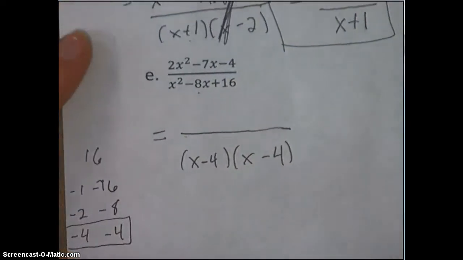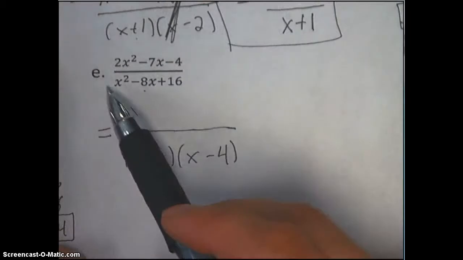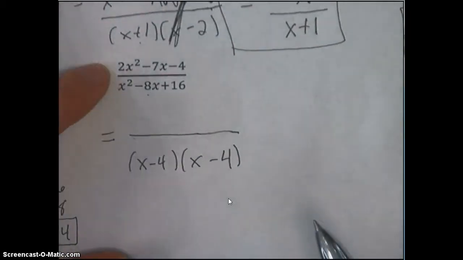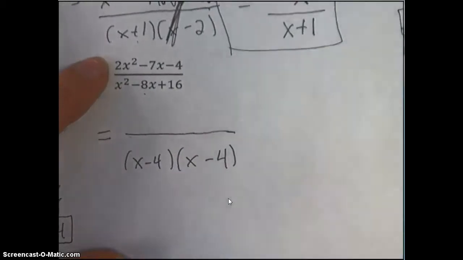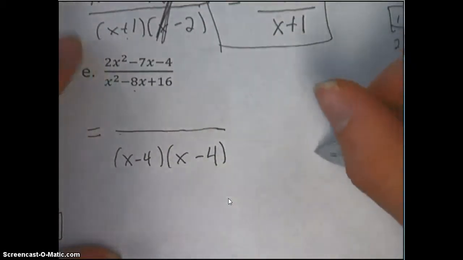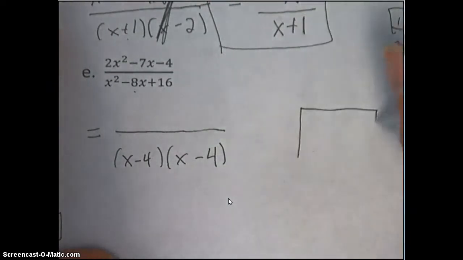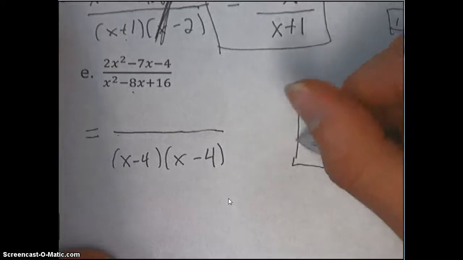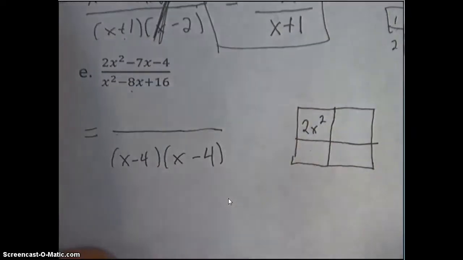Now the top. The top has a number in front of the x squared that's greater than 1. So I like to use the box to factor these ones here. I'm going to factor 2x squared minus 7x minus 4. I'm going to write the 2x squared right here in the top left-hand corner of the box.